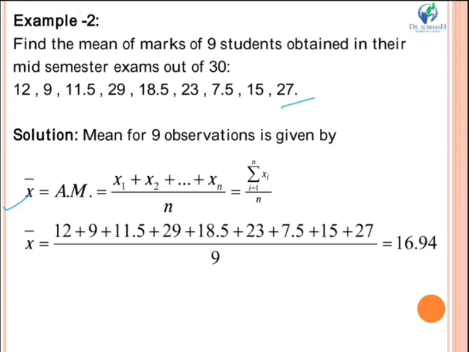First we will add all the values given to us, and then we will divide that number by 9. On calculating this, we get our mean as 16.94. This is the type which we regularly use, the simple average method.